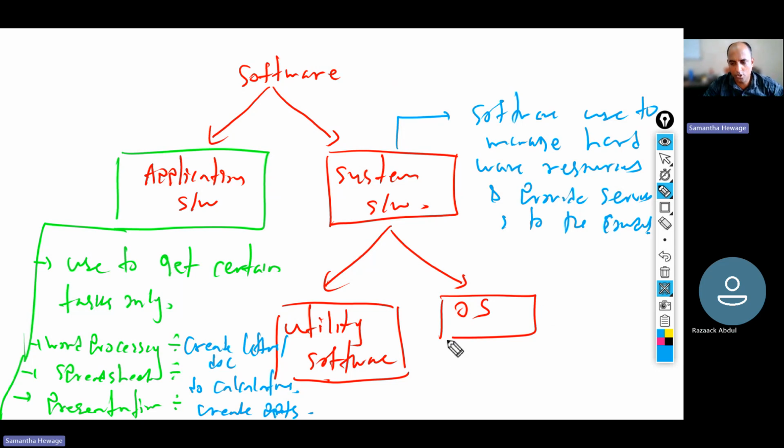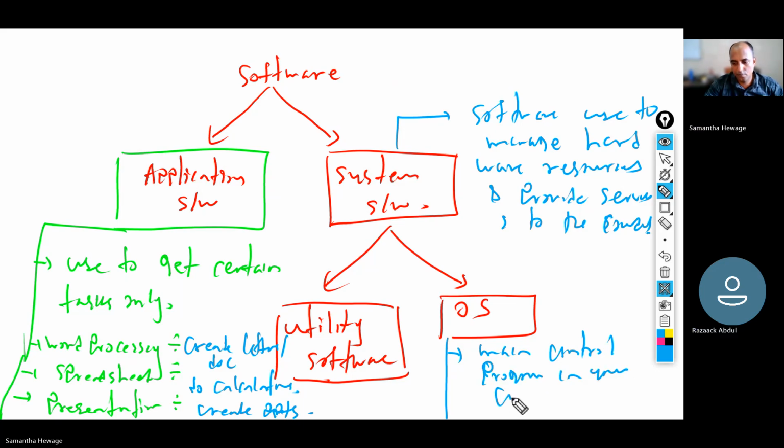The operating system is the main control program in your computer. Right? What is utility software? That is support applications, which support applications on the computers.